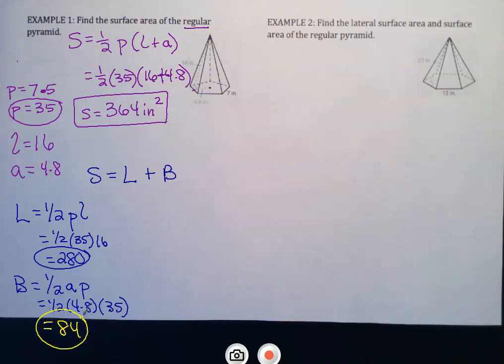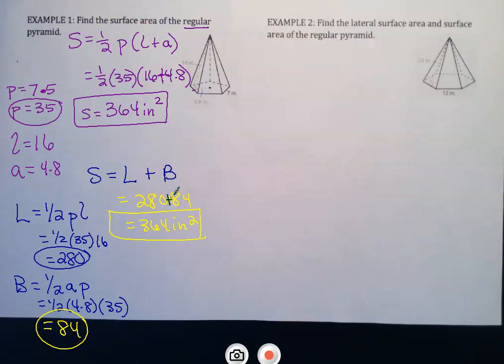All right, so now that I have my lateral surface area and the base area, all I have to do is add them. So it's 280 plus 84, which equals 364 inches squared. Don't forget the plus sign in there, otherwise it wouldn't equal 364.